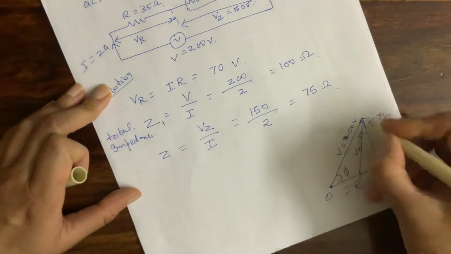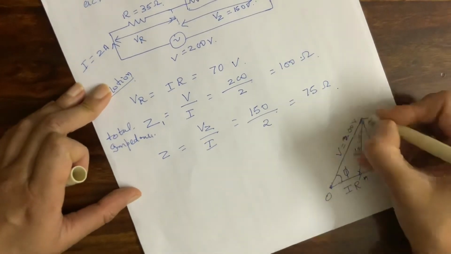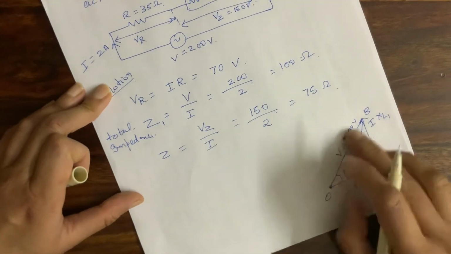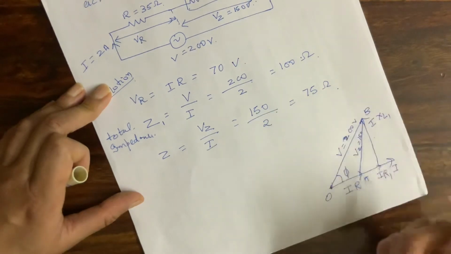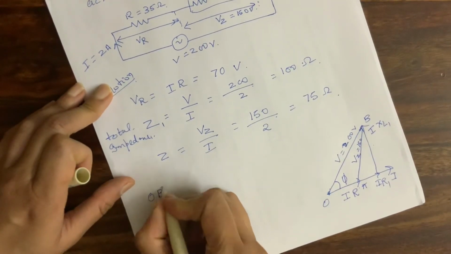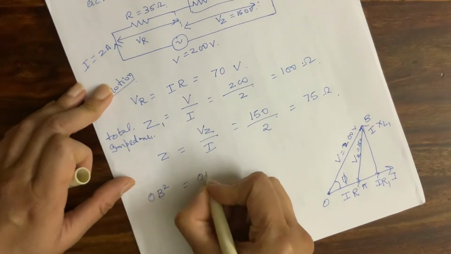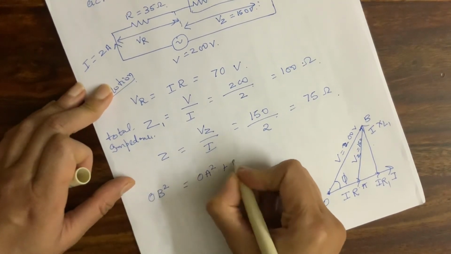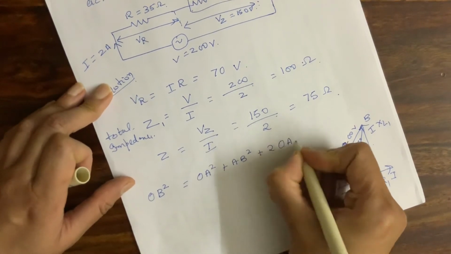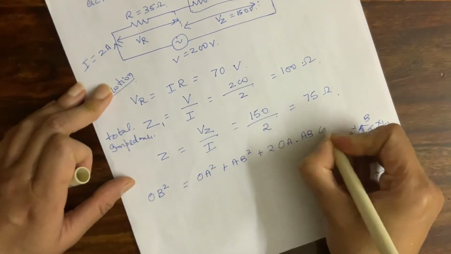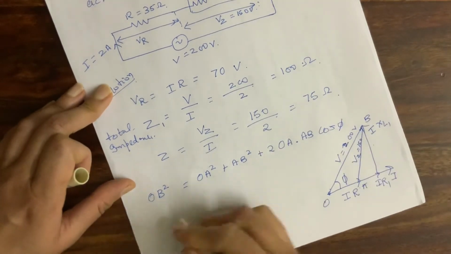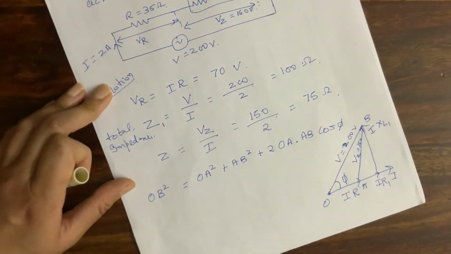I name my circuit O, A, B. By simple vector addition, I have one formula: OB square is equal to OA square plus AB square plus 2 OA AB cos phi.